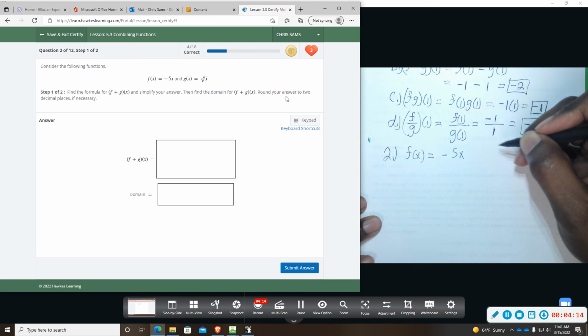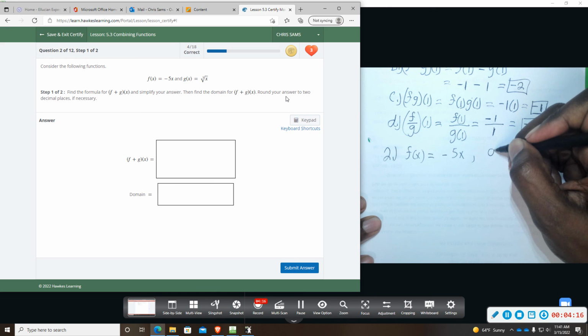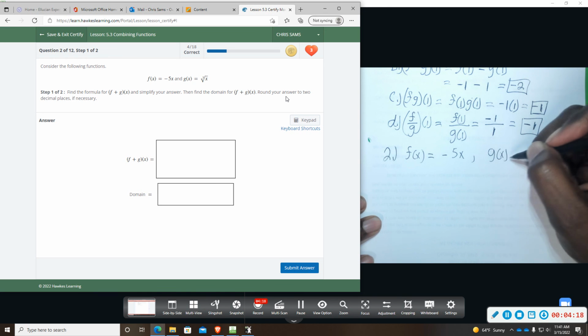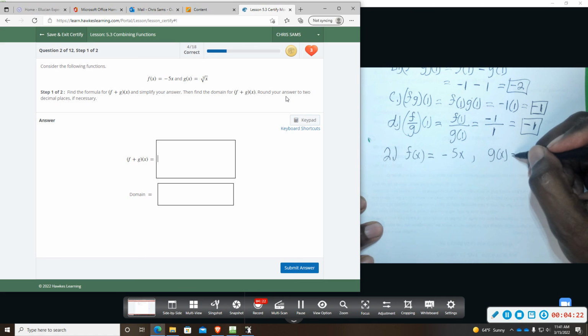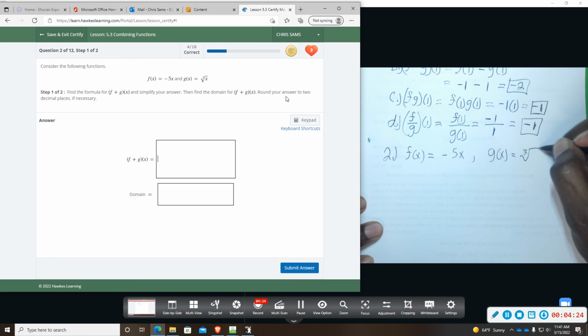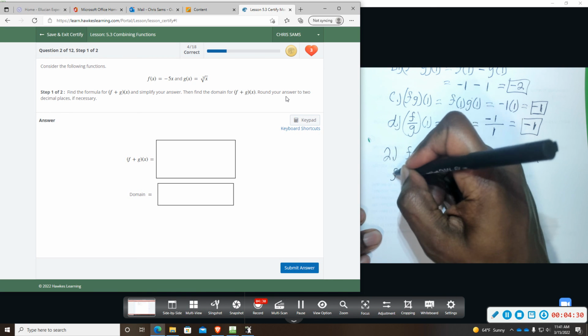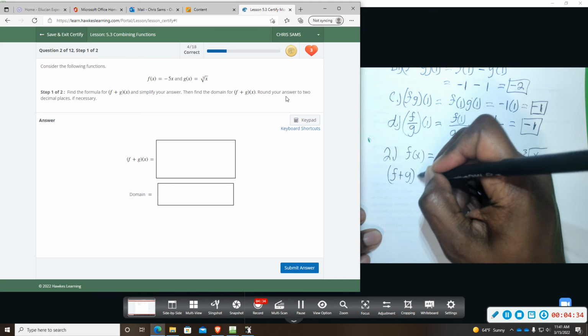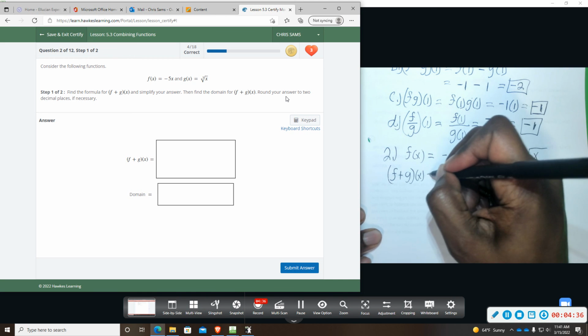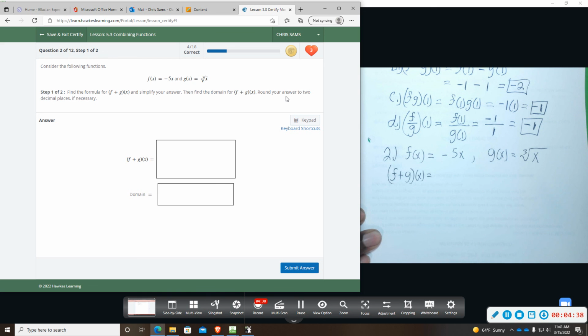And then we're given that g of x is equal to the cube root of x. Okay, and then we want to find f plus g of x.